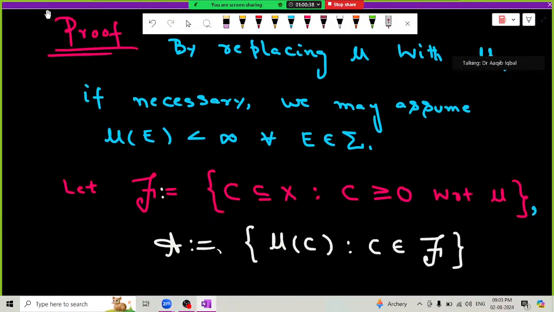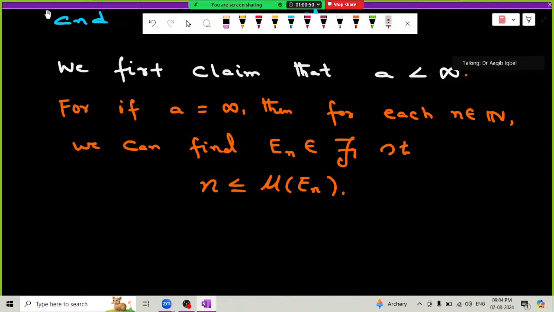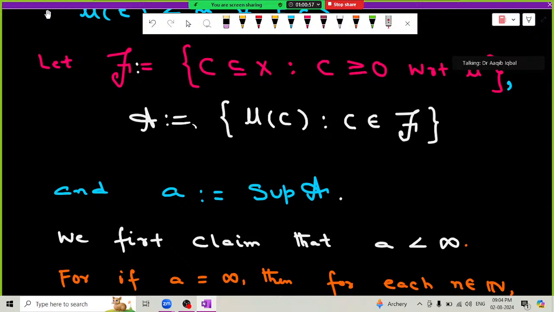And won't be an upper bound for this set means this: there will be an element in this script A, and the elements of script A are mu signed measures of elements of fancy F. So that means basically there will be an element in fancy F, जिसको मैं यहाँ e sub n नाम दे रहा हूँ. If you pick a natural number n, ये natural number n जो है वो script A का upper bound नहीं हो सकता.